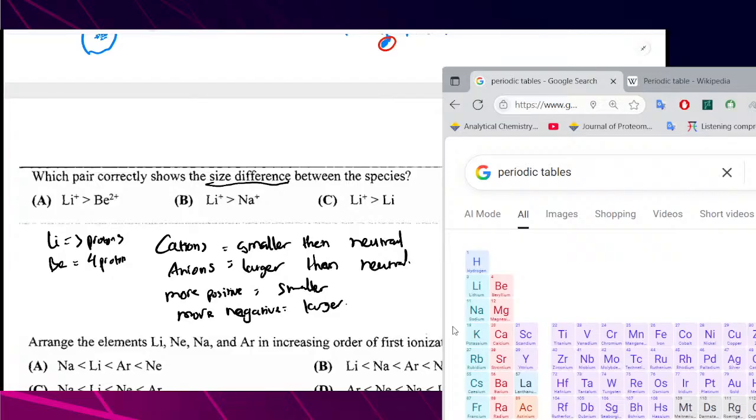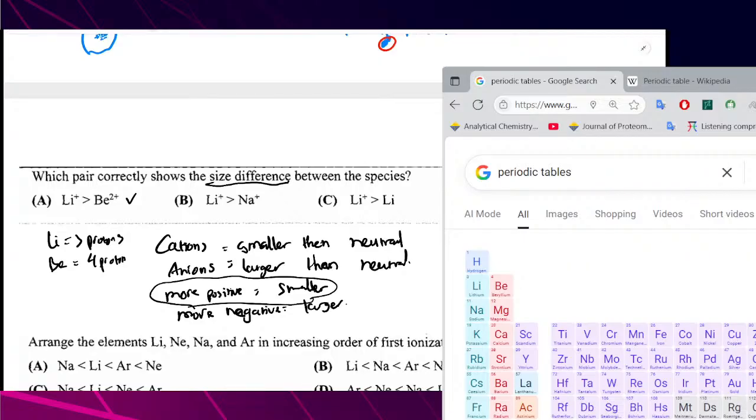So remember, more positive is smaller if the element is the same. Now we can see Be has a 2+ charge, smaller than Li+1. So the first option should be correct.